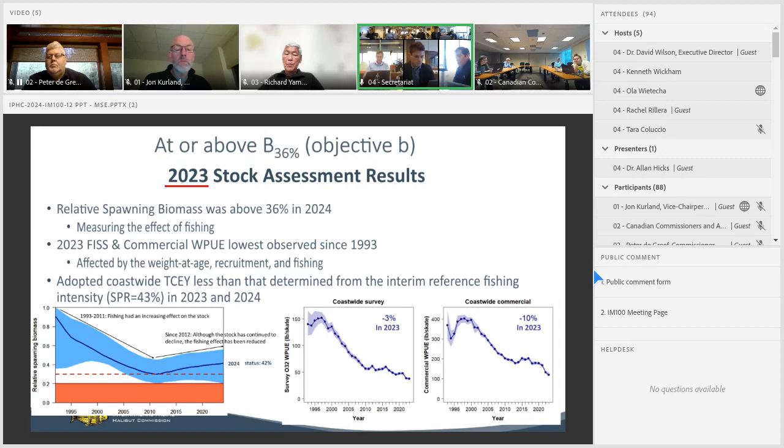It actually set the TCEY in 2023 and 2024, those two years, near an SPR of around 50 or 52%. In other words, the commission decided to depart from the reference fishing mortality, which is totally fine and is their purview. But why are they doing that? And is that something that we should bring into the MSE process as an objective so that we can find the best way to manage the stock that does meet the objectives of the commission?